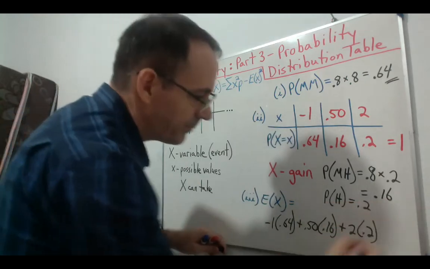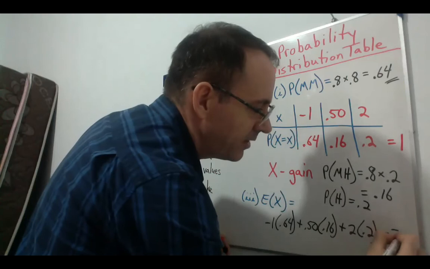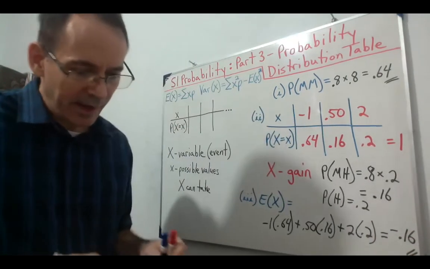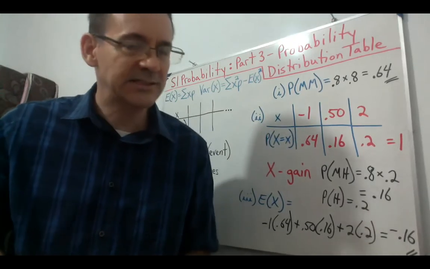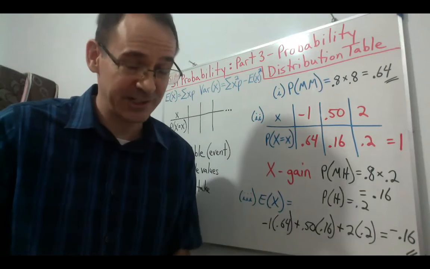We add that up, and you're going to see that this comes out to a negative 0.16. A negative 0.16 would be your expected average.